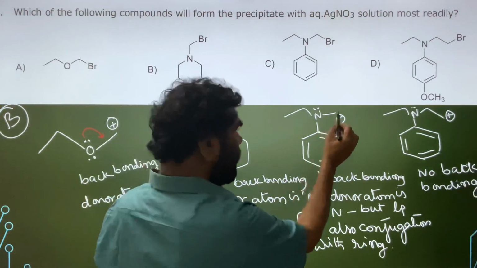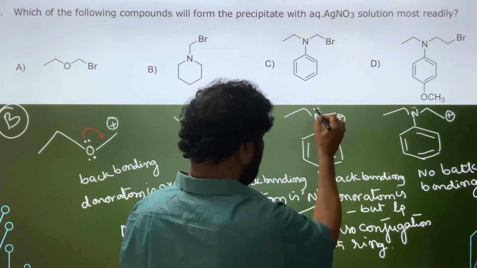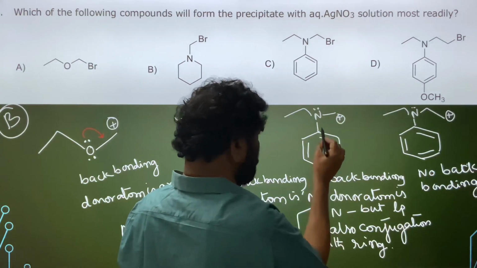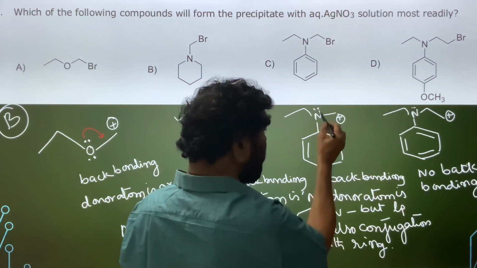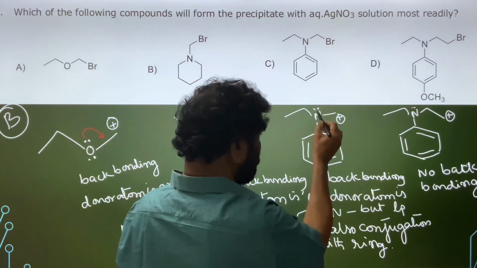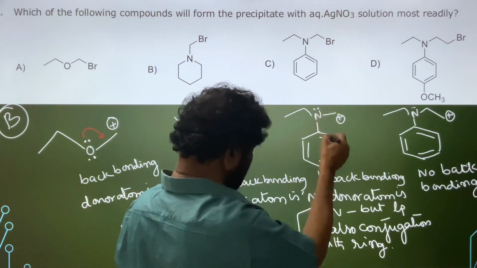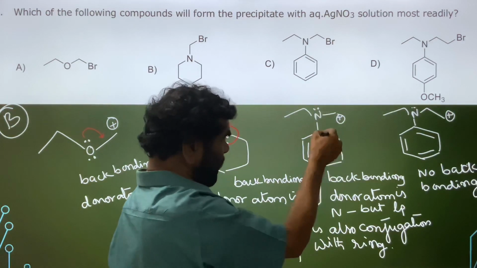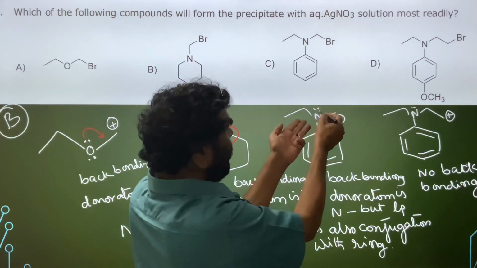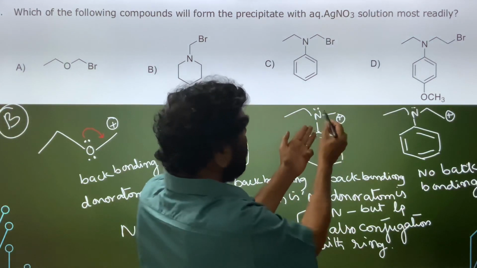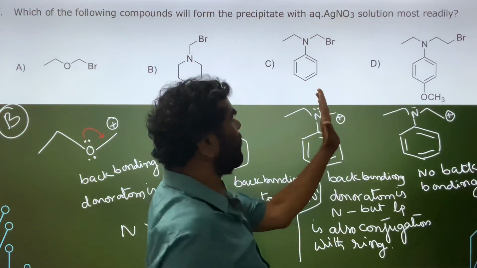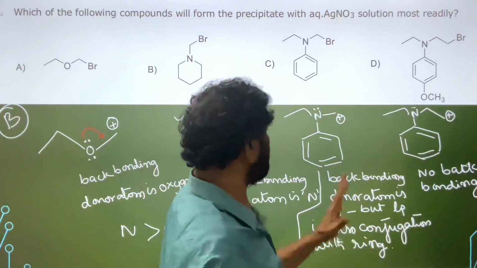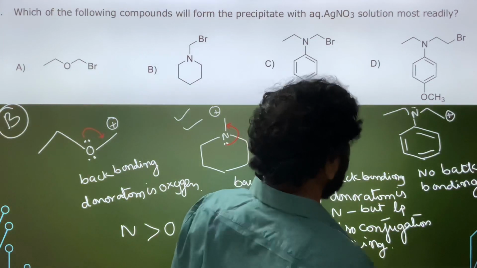And here again back bonding, positive lone pair and positive charge. But this lone pair is not readily available on nitrogen, it is involved in the ring resonance. It has to engage the ring also. So the availability of the lone pair here is less. Therefore, the involvement of the lone pair in back bonding decreases. So this is even lower.